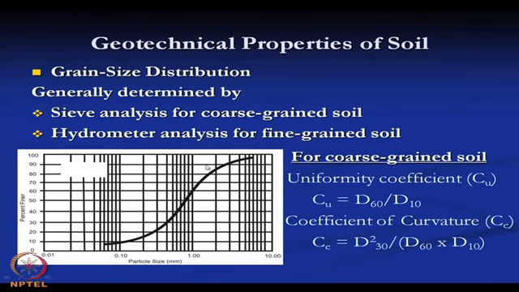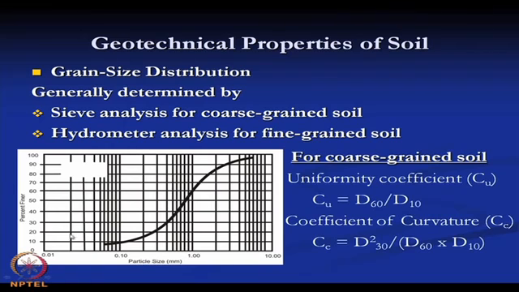So, this is a typical grain size distribution curve. Here the x axis is the particle size and the y axis is the percent finer. So, 50% finer means that 50% of the particles are finer than a given particle size.